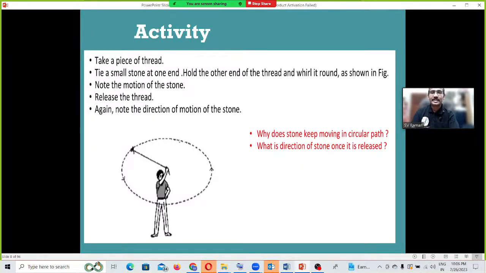Take a piece of thread, tie a small stone at one end, hold the other end of the thread and whirl it around. Note the motion of the stone. Release the thread. Again, note the direction of the motion of the stone. Why does the stone keep moving in a circular path? What is the direction of the stone once it is released?